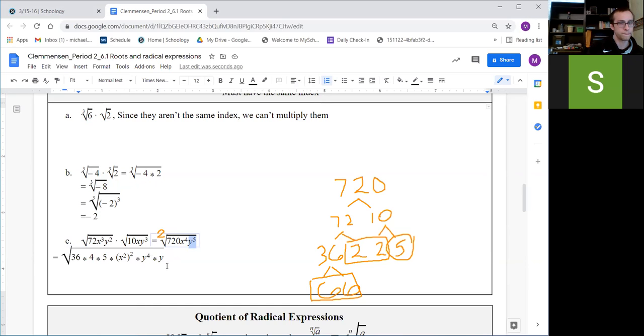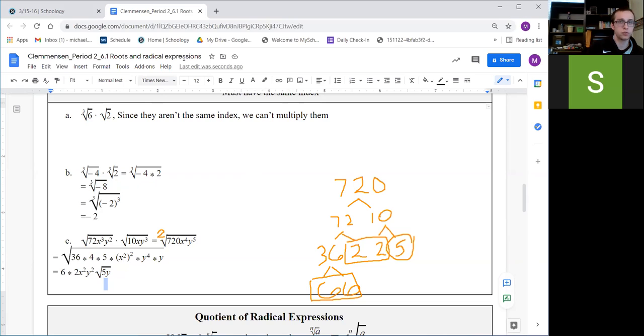Right? Now it's just a little bit of simplifying. Square root what I can square root, leave what I can't square root. So the square root of 36 is 6. The square root of 4 is 2. The square root of x squared squared is x squared. The square root of y to the 4th is y squared.